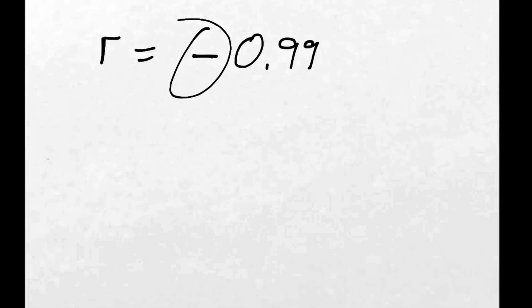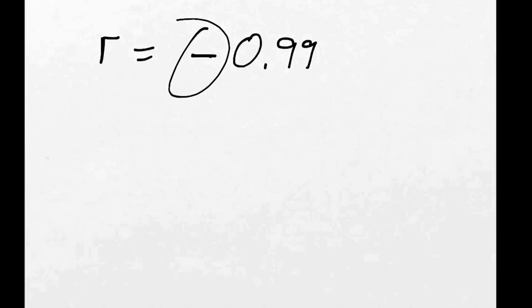So if I give you an R value, R equals -0.99, what have we got? It's a strong negative. Why do we know it's negative? Because we've got the negative sign here. And 0.99, that's close to 1. So it's strong.